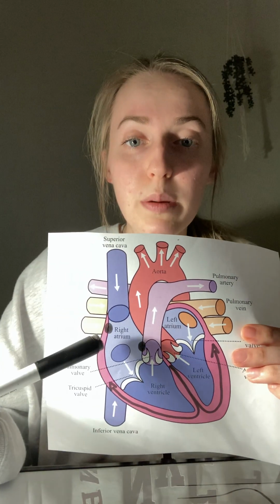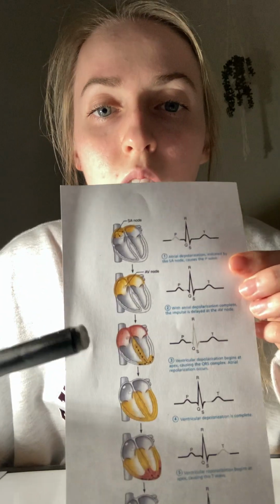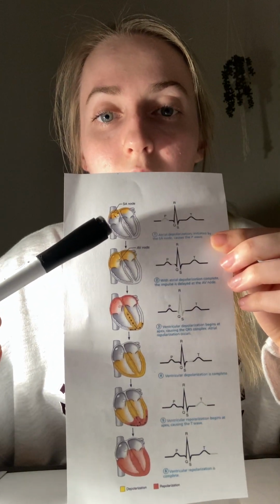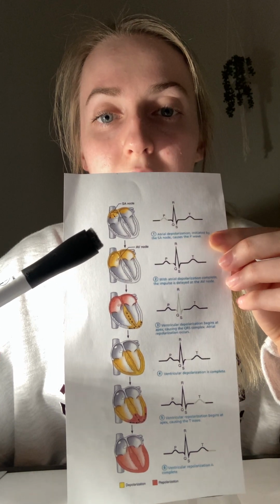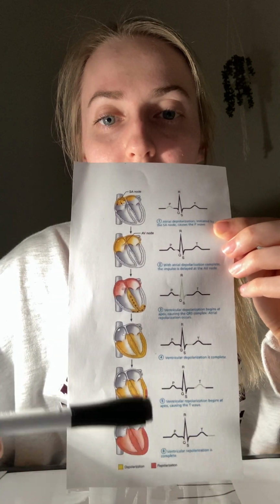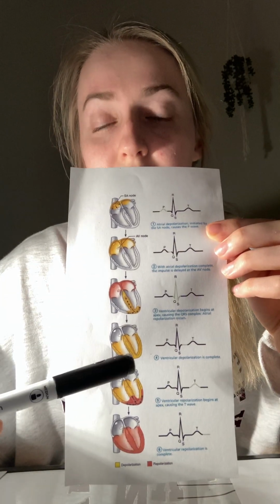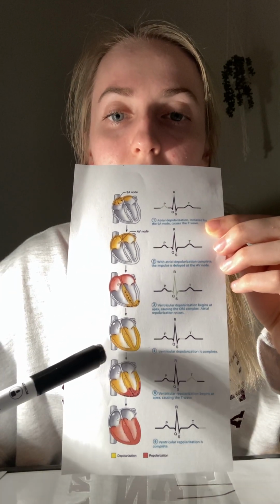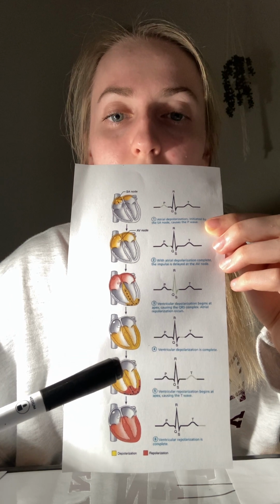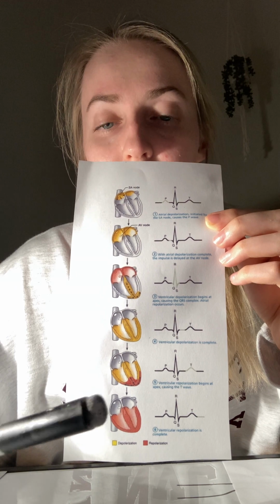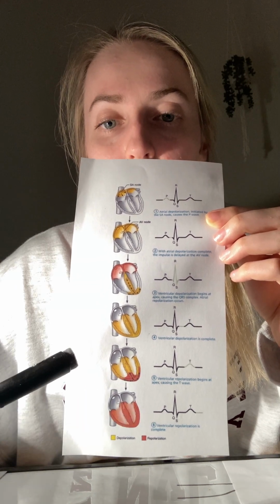So when depolarization occurs in the SA node, our atriums are going to contract, forcing, and you can kind of see with the color drawn in these diagrams, the blood flow and electrical signaling, forcing blood into the ventricles down here. And so when it reaches our bundle branches and the Purkinje fibers, that's when our ventricles contract, pushing the blood out of the heart.